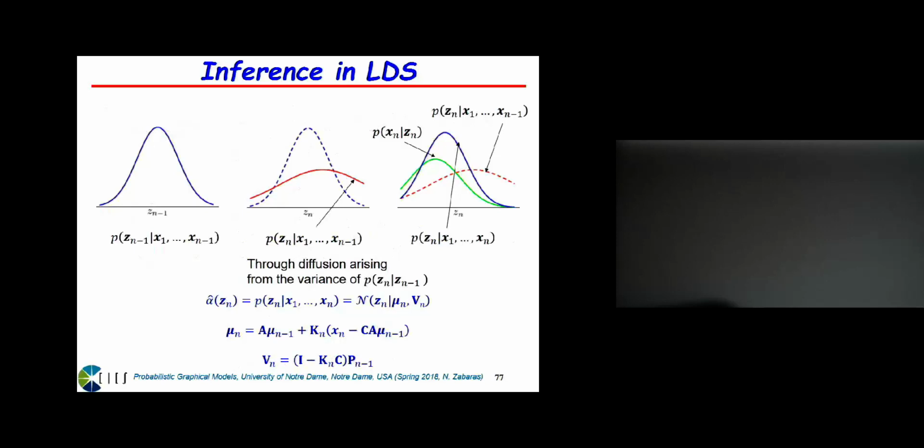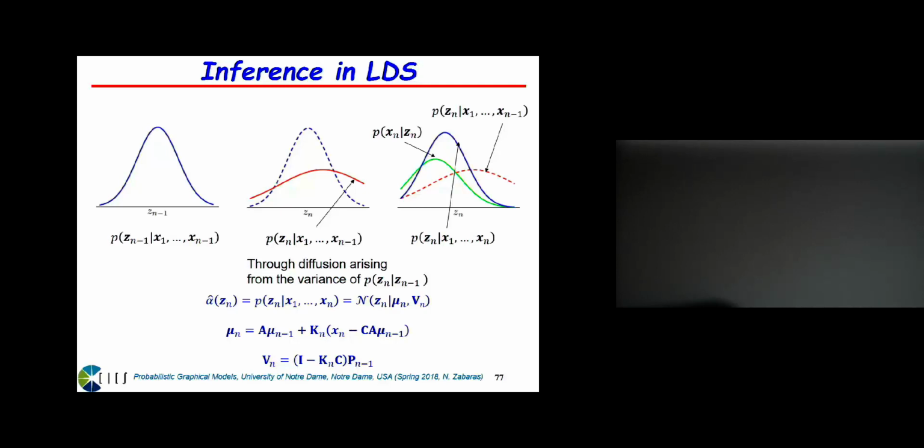Just to give you a graphical representation of the way that you compute these filtering distributions, I think this is how we derived these things last week. This is the filtering distribution at n minus 1. Then you use the transition model defined by the probability of Z_n given Z_{n-1}. So you update the state Z_n still using the measurements from x_1 to x_{n-1}.